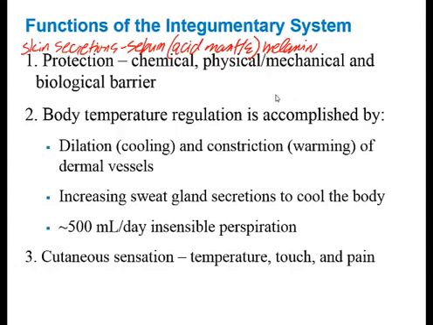The physical or mechanical is primarily going to be due to the keratin, which remember is a tough fibrous protein that's present in the keratinocytes. And then the biological barrier is going to be found by such cells as the epidermal dendritic cells, as well as the macrophages, and the macrophages are found in the dermis, but both of these are going to provide an immune protective function.